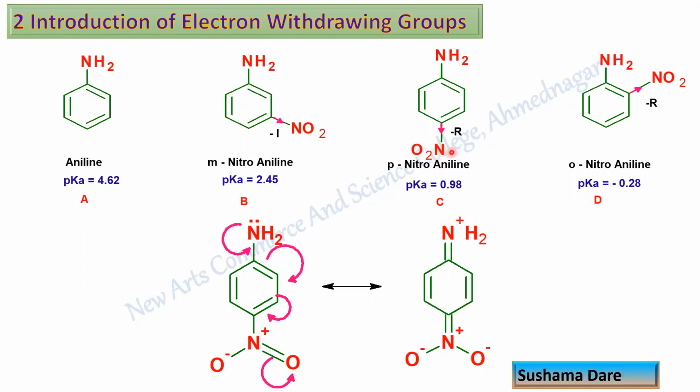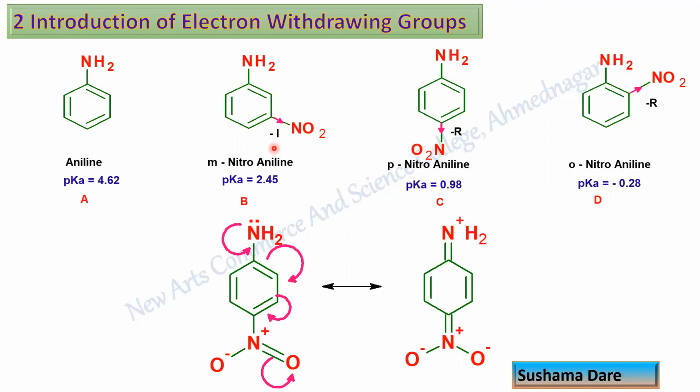So in case of paranitroaniline and orthonitroaniline, we can see such type of resonance effect. But if the NO2 group is placed at meta position, then the NO2 group is not involved in resonance; rather, it shows electron withdrawing inductive effect.